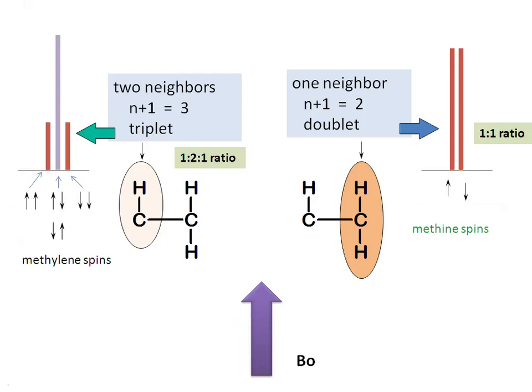If you start off with 100 molecules, 25 molecules will have both spin states aligned, 25 molecules will have both against, while the remaining 50% will have one aligned and one against. So these spin states are all seen by the methine proton.